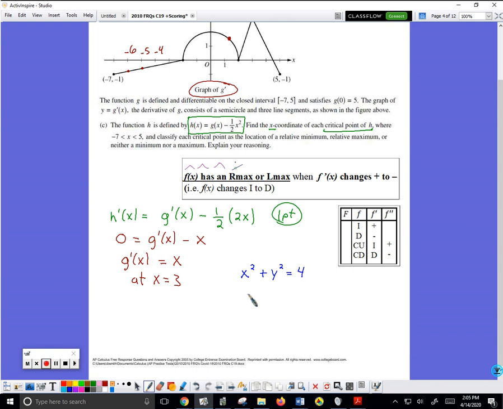And then rearranging, we get y squared is equal to 4 minus x squared. So y is equal to the square root of 4 minus x squared. And what we're looking for is somewhere on this curve where this coordinate is the same as x.